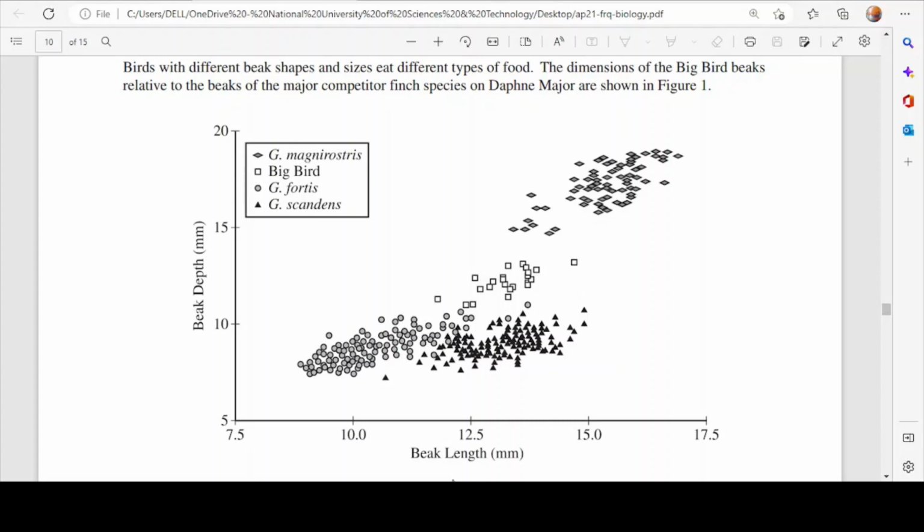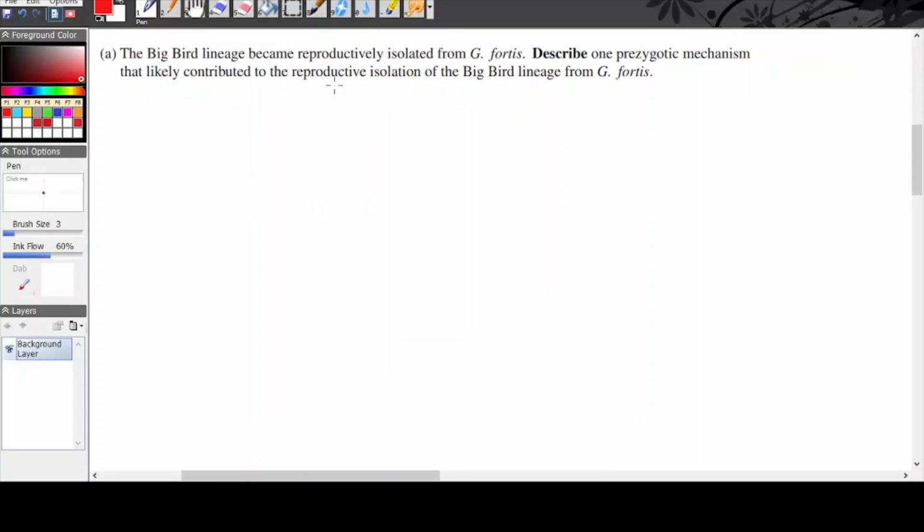According to the graph, it is clearly shown that G. magnirostris have both bigger beak depth as well as longer beaks, whereas the G. fortis and G. scandens almost have similar beak depths and beak lengths, whereas the big bird, which is the hybrid lineage, is intermediate in beak length as well as beak depth between all 4 of these birds.